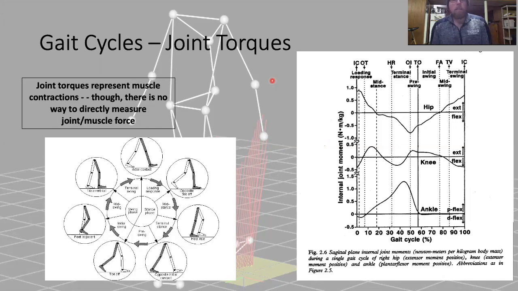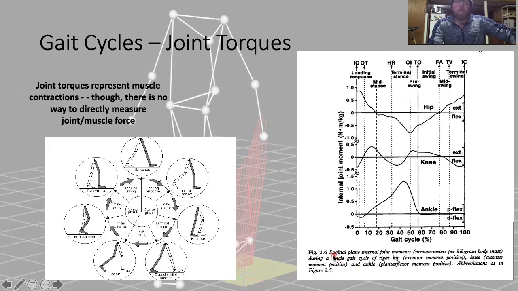But since we've been able to look at cadavers and we know usually how far away the insertions are, they have been able to get a really good idea of how much torque is applied at the joints. So we can break down the phases of gait and look at how much torque or moments are being applied during the gait cycle.